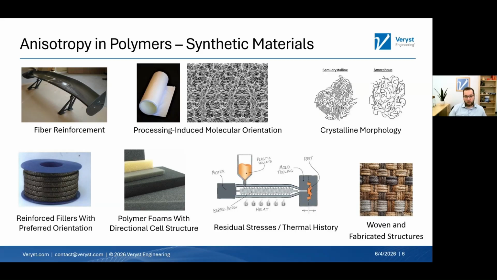Foams are a great example of anisotropy in both compression and tension. If you have a directional cell structure in your foams, you will get anisotropy. Residual stresses and thermal history, depending on how the polymer is manufactured, can bring in anisotropy because of your residual stresses. And then woven and fabricated structures are a classic example as well, so your fabrics and the like.